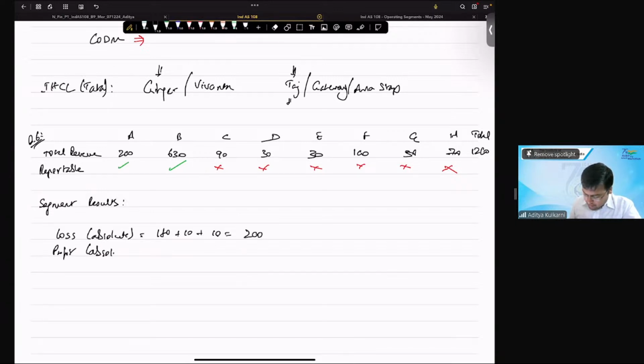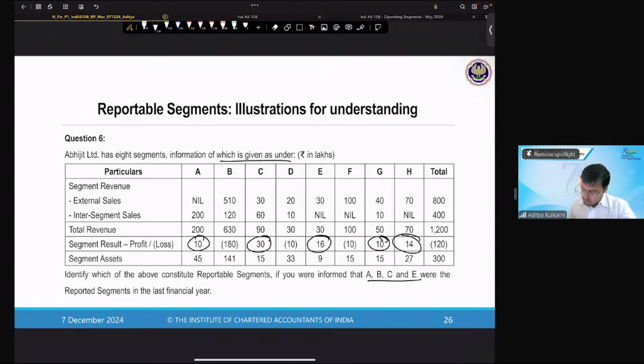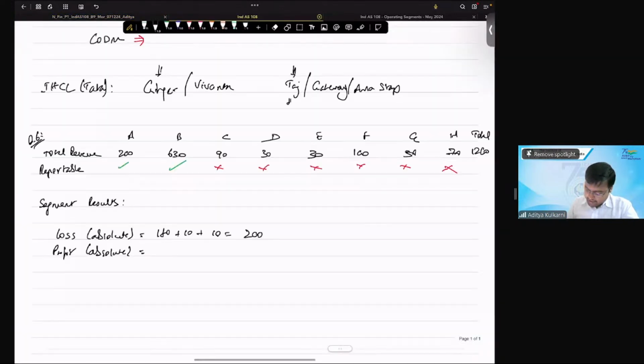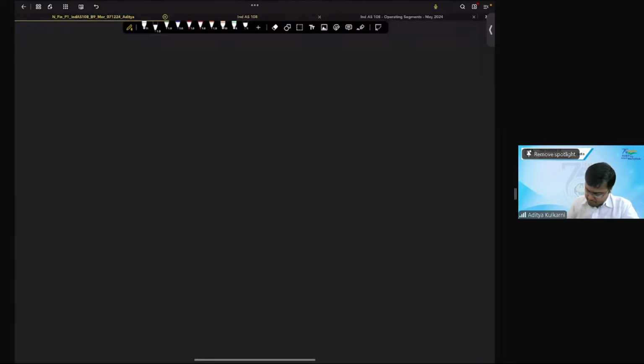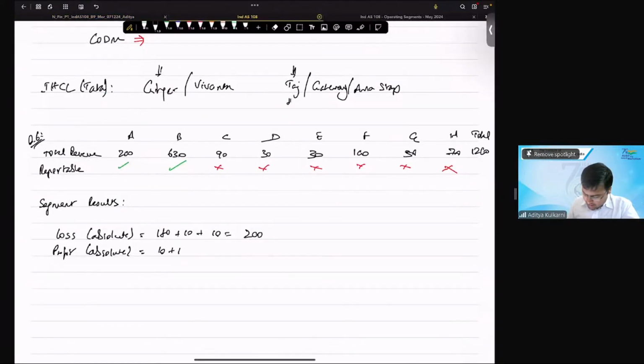Profit in absolute terms is 10 plus 30, 40, 30, 70, 80.